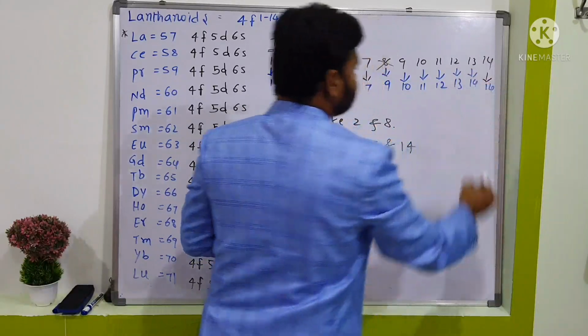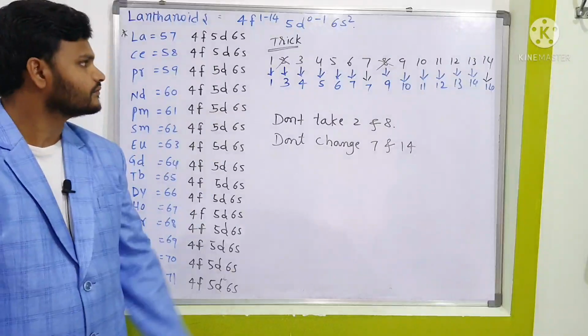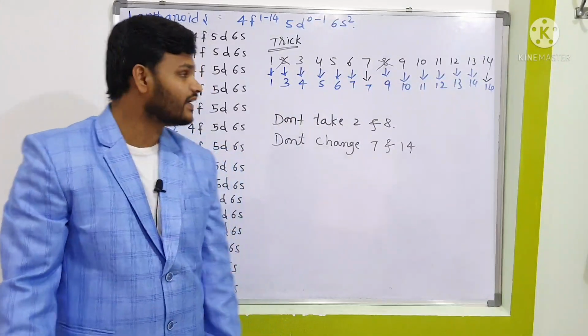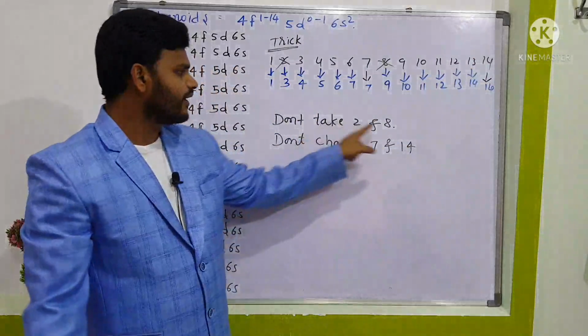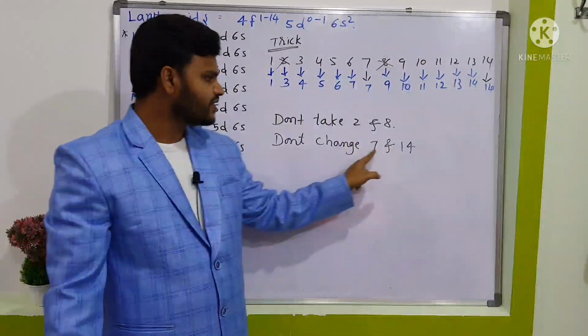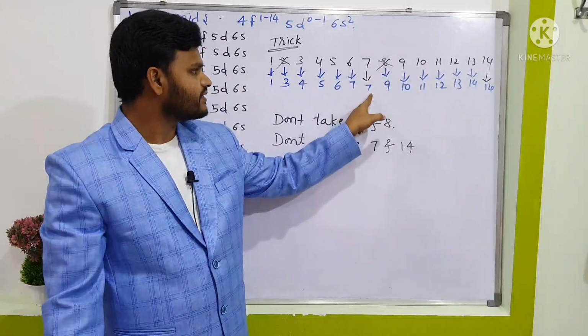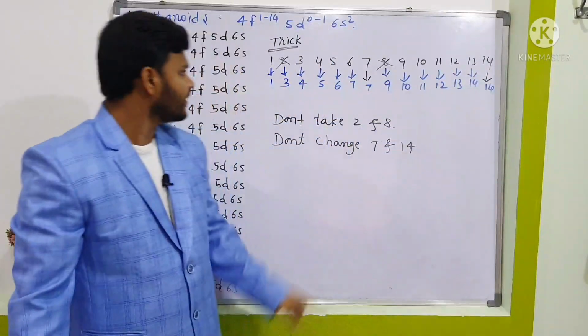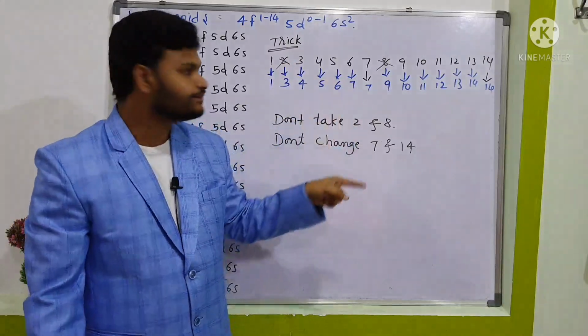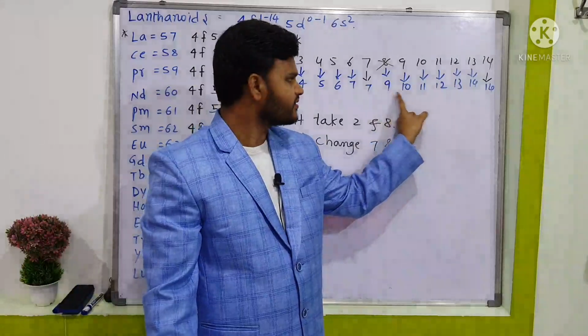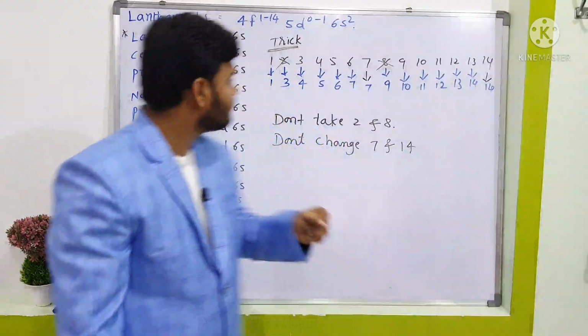Here 14 stays 14. This is the trick, my dear students. Once again, you have to take 14 electrons. Don't take 2 and 8, and don't change 7 and 14. So 7, 7, 14, 14. Next 1, 1. 2 becomes the next number 3. Same logic, 8 becomes the next number 9, and the same ascending order.